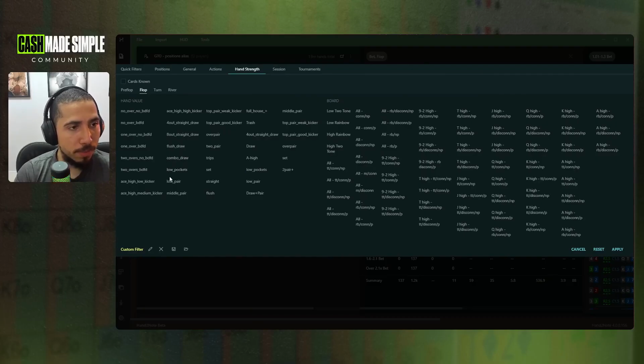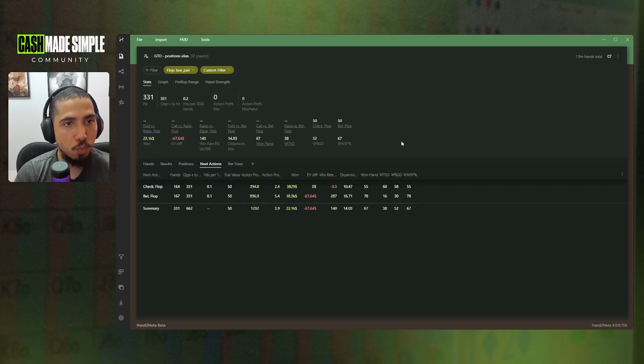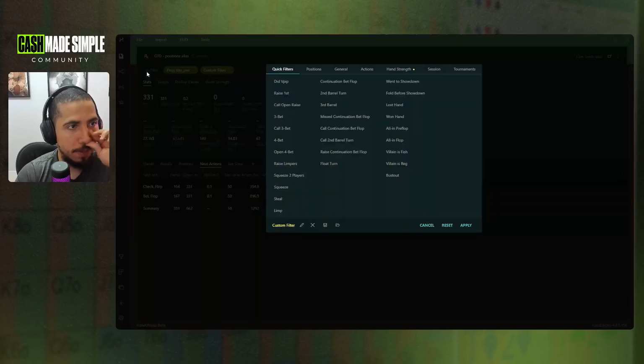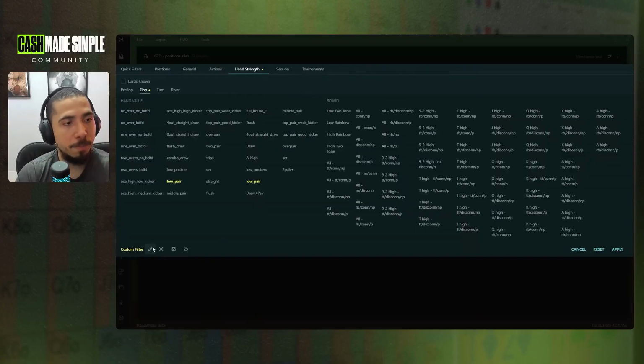So low pockets, also low pair, the bottom pair. The bottom pair, take a look at that. Ooh, 50, sweet 50-50. Sweet 50-50 heuristic for us, bottom pair. I want to filter for bottom pair without draws and with the draw to make it even more precise, okay?